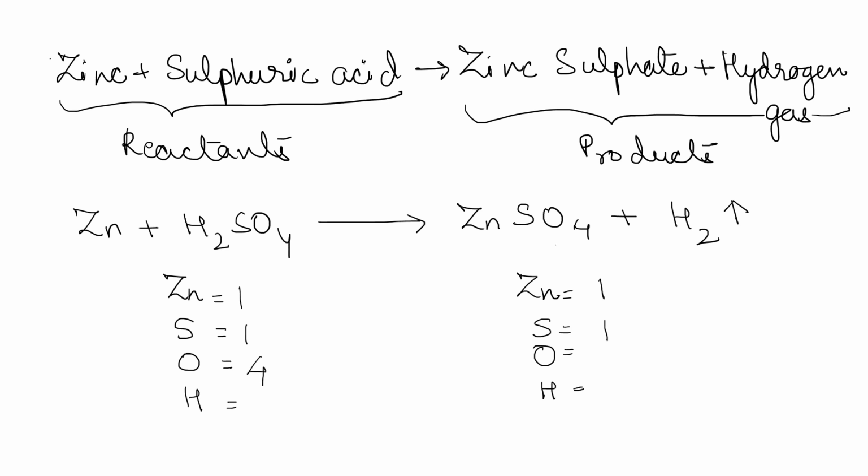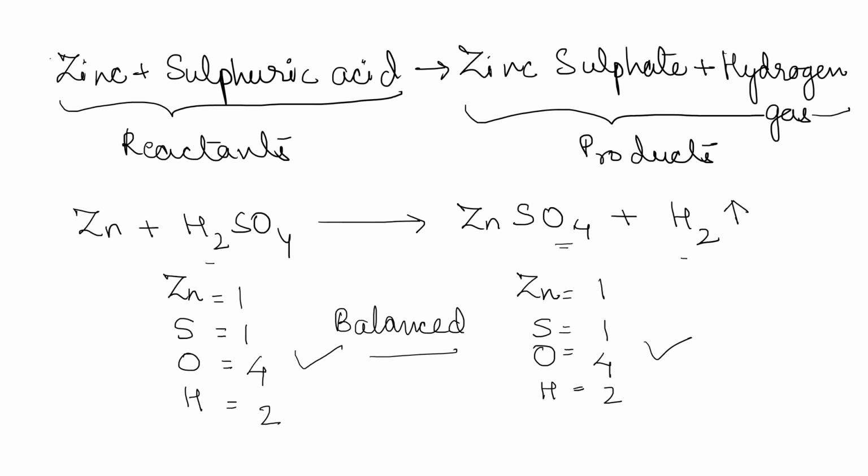And on the product side? 4. How many atoms of element hydrogen? 2. How many atoms of element hydrogen on the product side? 2. Now let's check left hand side and right hand side. We can see all the atoms of each and every element are equal. So this is a balanced equation and we need not do anything.